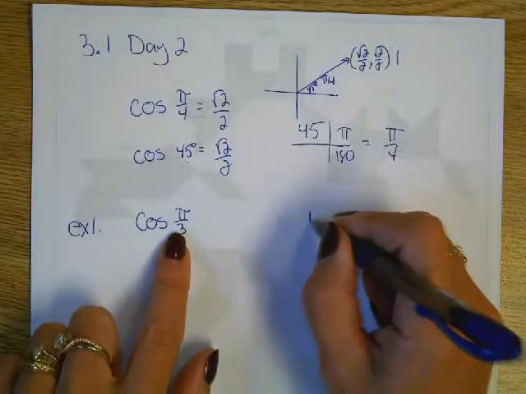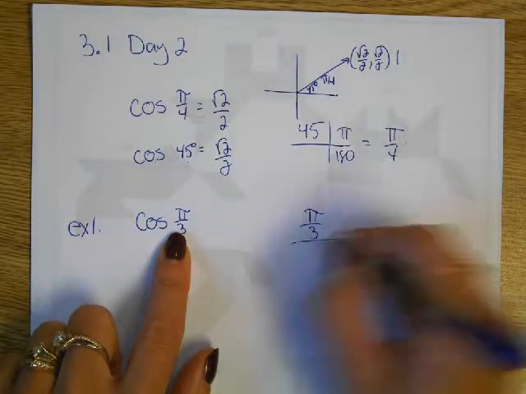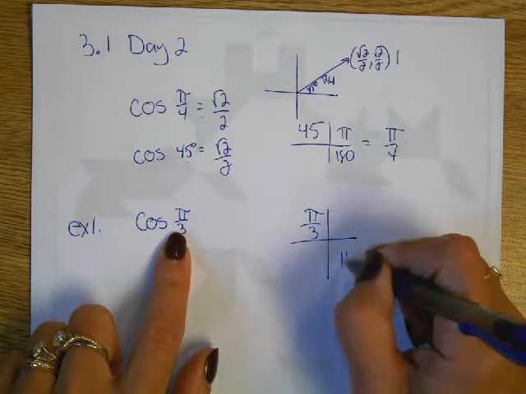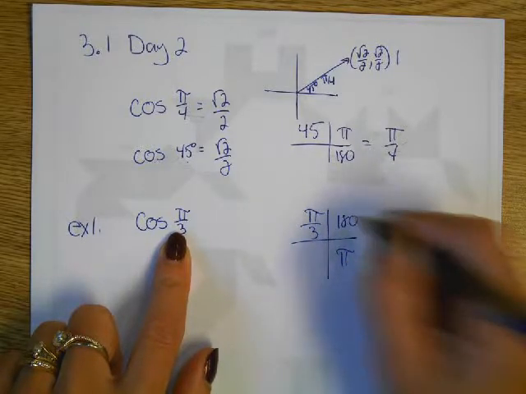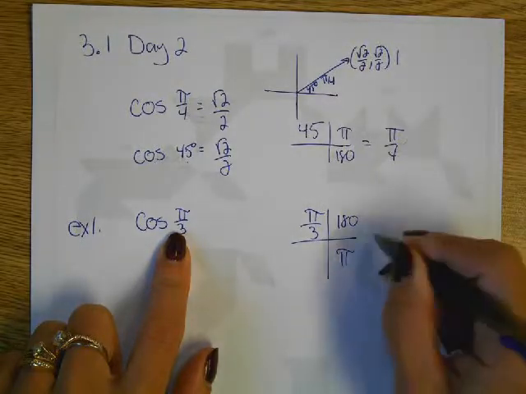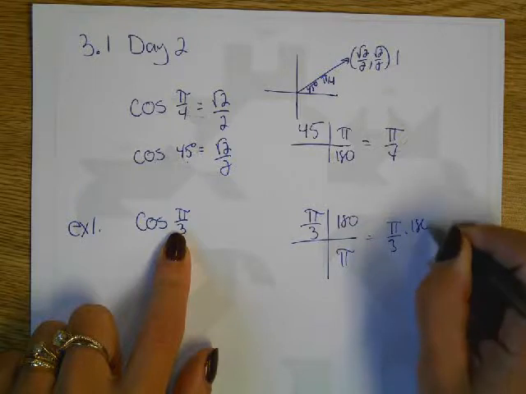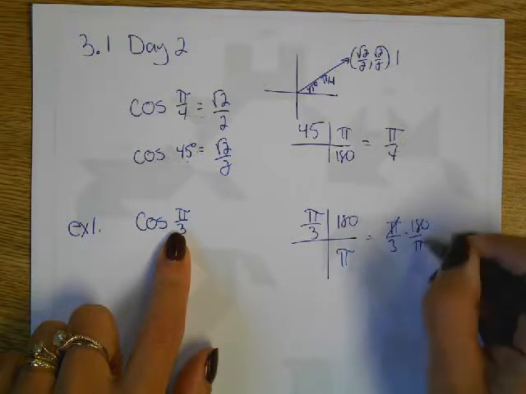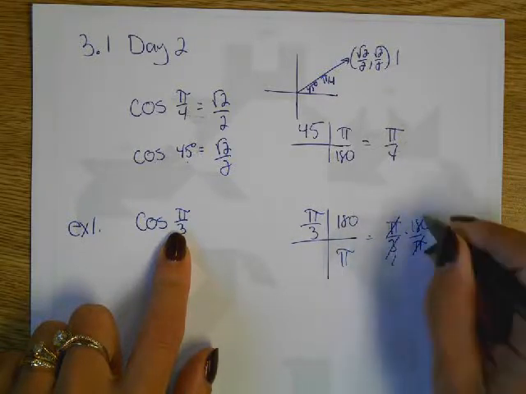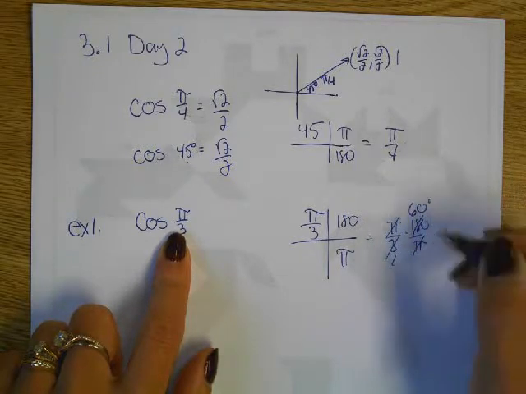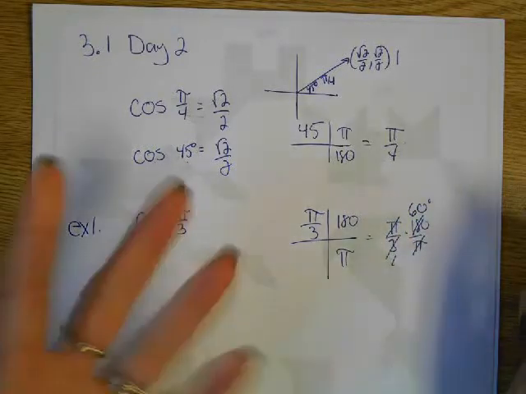So what is pi over 3 in degrees? You can see that all cancels. Is it 60?